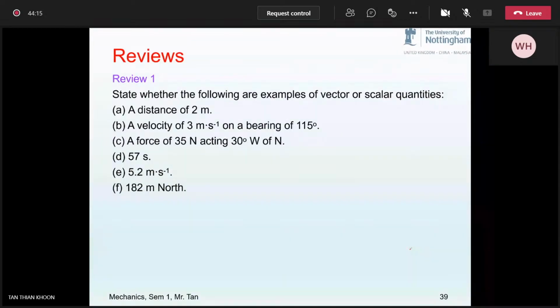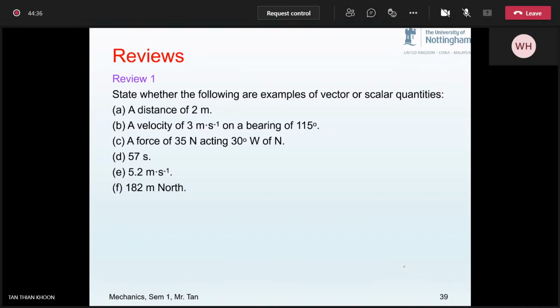They ask us to state whether the following example is a vector or a scalar. We just have to be firm whether it's a vector or a scalar.